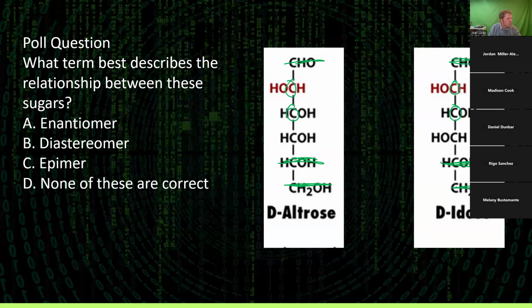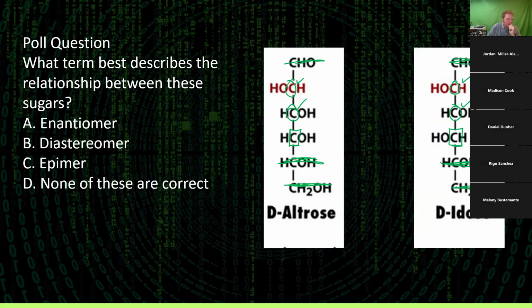Carbon number four, however, that would be our place where we have a little bit of a distinction and where we have a difference. So I'm going to put a check mark by two and by three, but four is the one that is kind of the oddball. So that's why these two sugars, maltose and idose, are epimers.